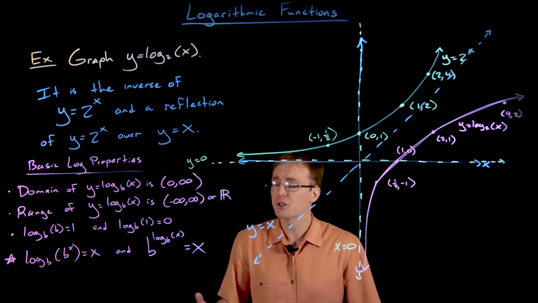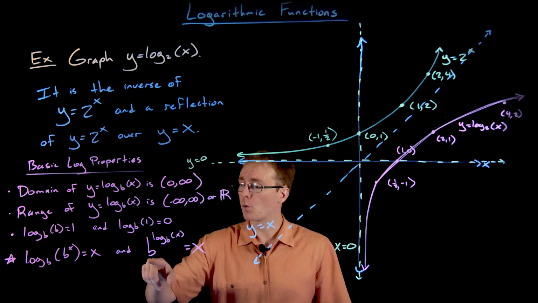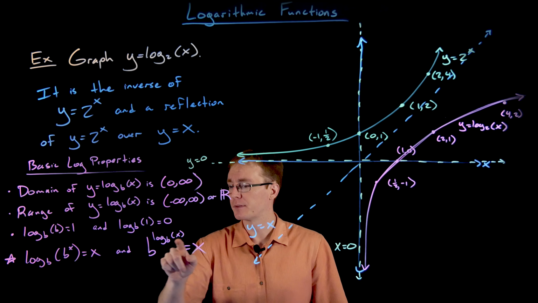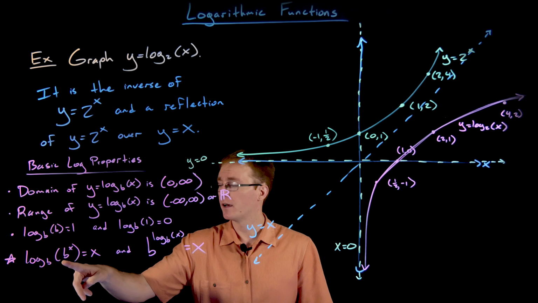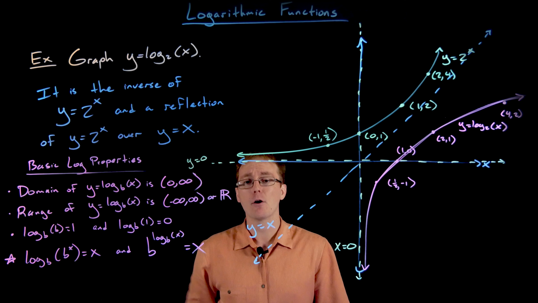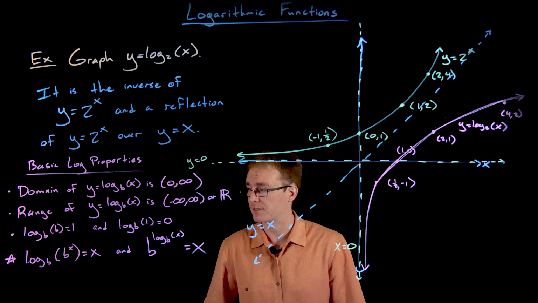They always undo each other. So we can have the inverse composed with the function, or the function composed with the inverse. They both undo each other, and you're left with the input, in this case x. So log base b of b to the power of x is equal to x, and b to the power of log base b of x is also equal to x.